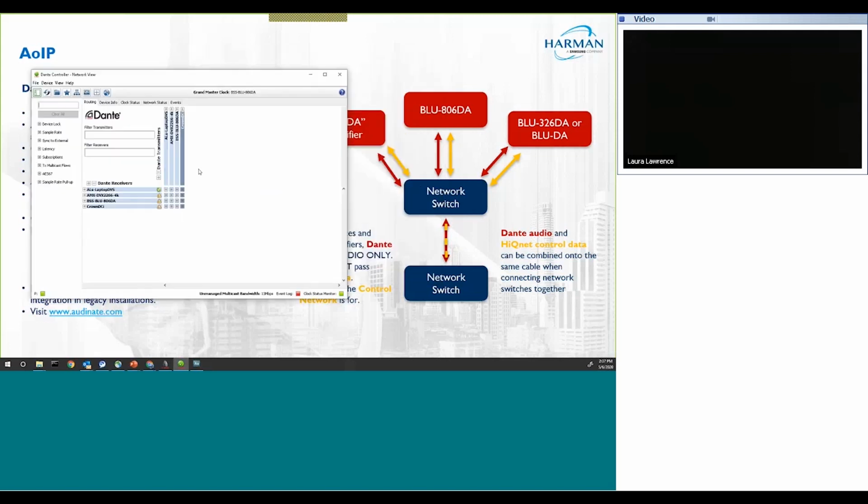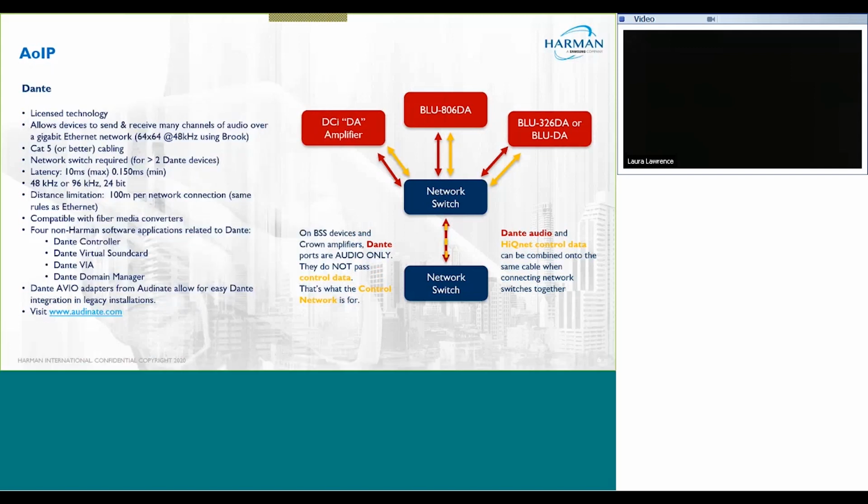You do need devices on the network to be able to test this and actually see things appear here and to do routing. So for testing purposes, the only way to really test this is to have actual Dante hardware on your network. But the beautiful thing is it does automatically appear there.